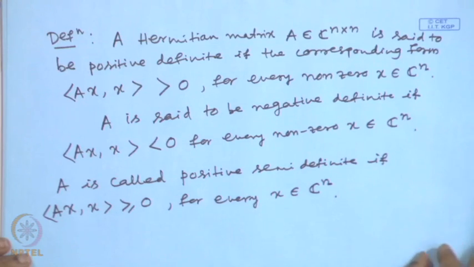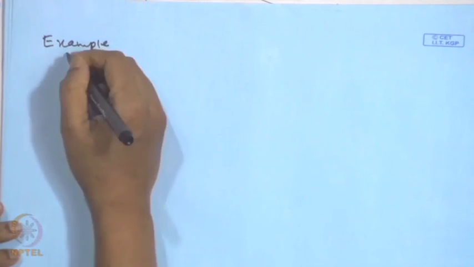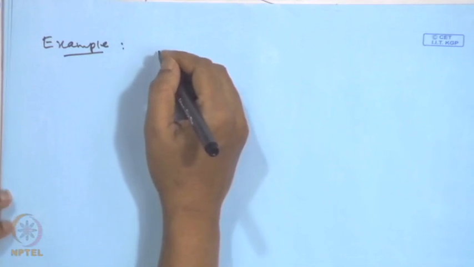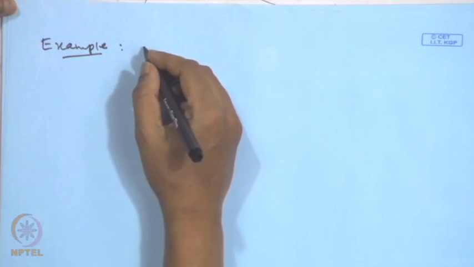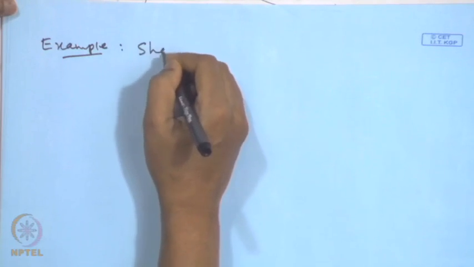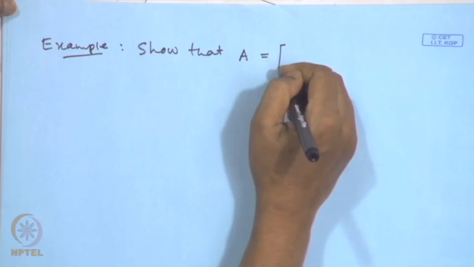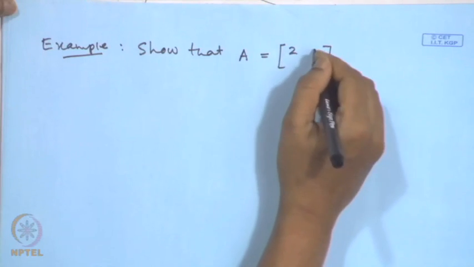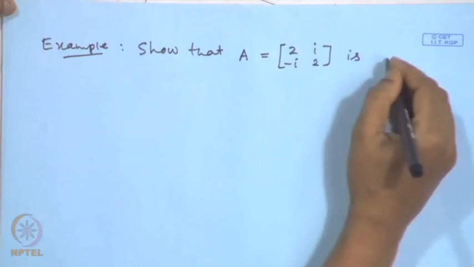So, let us see one example of positive definite matrices. In this example we consider a matrix A with entries 2, i, minus i, 2, and show it is positive definite.